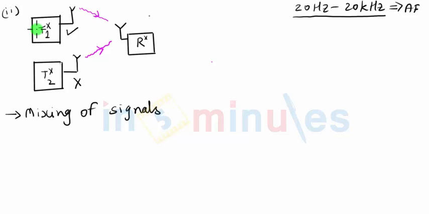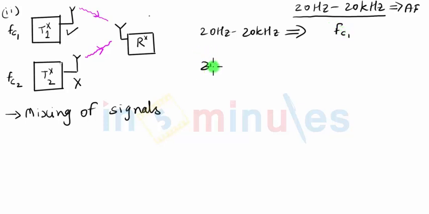For example, let's say I will make transmitter 1 use high frequency FC1, and I will make transmitter 2 use high frequency FC2. So when transmitter 1 transmits the signal 20 Hz to 20 kHz, it will first be converted to some high frequency signal which will be present around FC1.